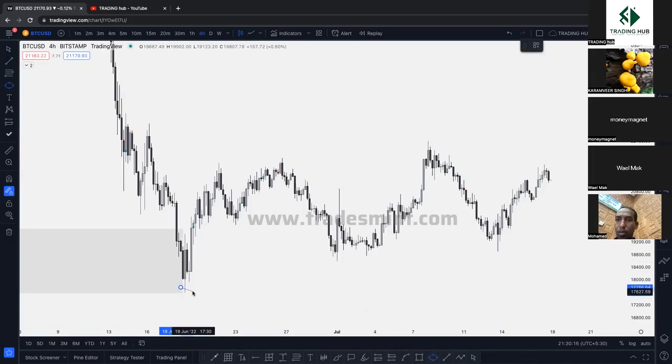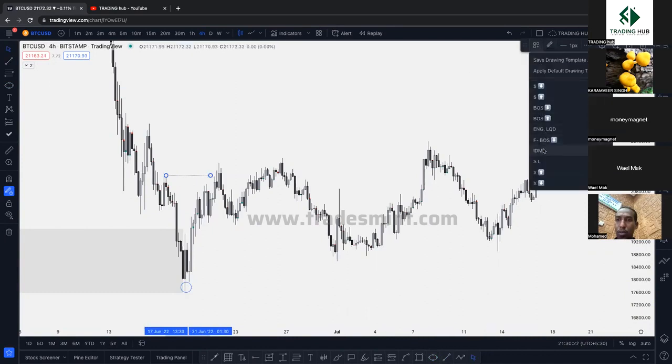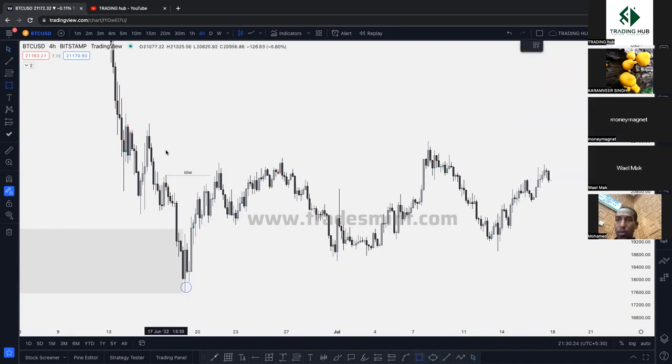Market creates a new low here. It has taken out this high, which is an inducement, and at this point there is supply, and after a tap on this zone we can sell, continue.